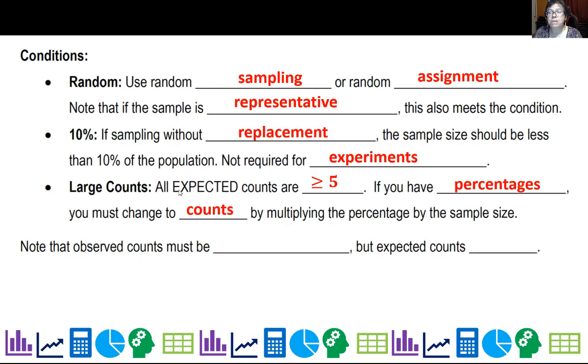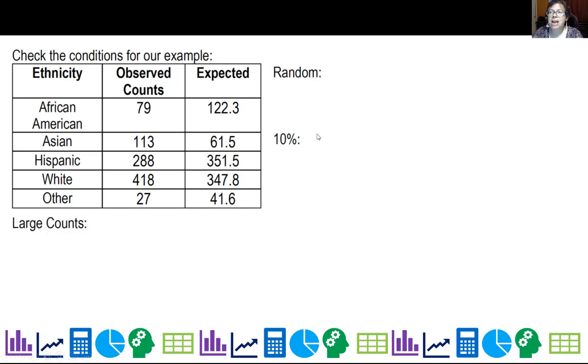All right, so everything, both expected and observed, must be counts. And here's the other thing: observed counts must be integers, but expected counts don't. So you remember when I showed you, it was like 122.3 and 61.5. That's all fine. These are not integers, and they're both counts.